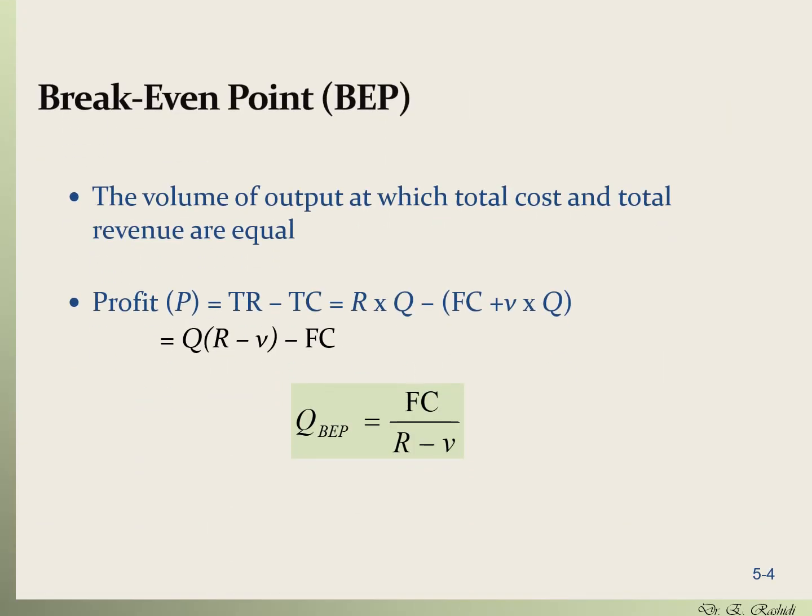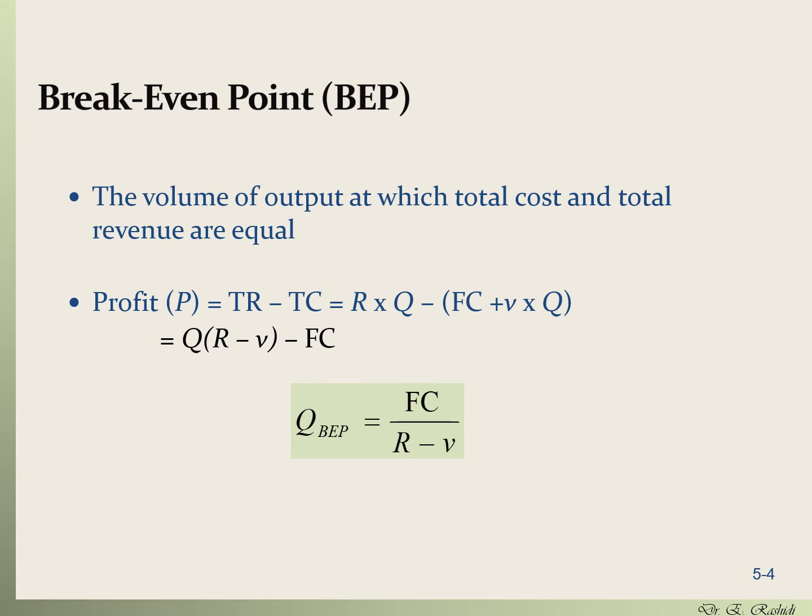Break-even point. As we learned before, the total revenue that you make and also the total cost are a function of the quantity that you actually produce and sell to customers. So there's a concept called the break-even point. That's the quantity, the volume, at which the total revenue is equal to the total cost.